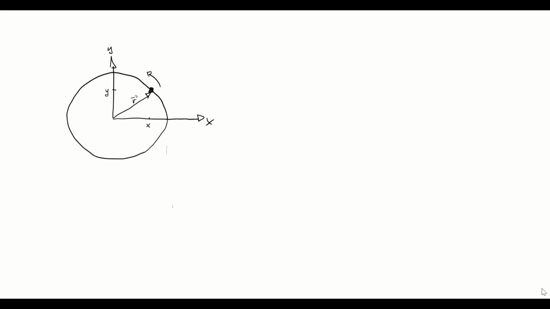What is the acceleration for this object going in a circle? Well, it has an acceleration vector pointed towards the center of the circle, as we just discussed. So it's that way. And then when the object's over here, that acceleration vector is now pointed down again, still towards the center of the circle. When it's over here, it's got an acceleration vector pointed towards the center of the circle.